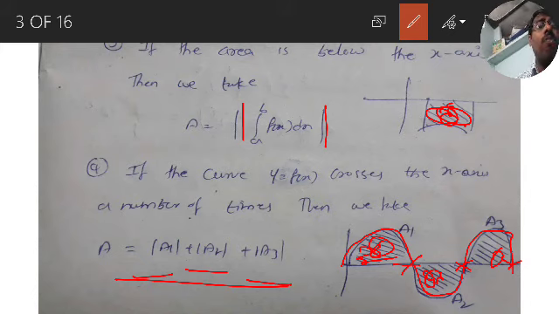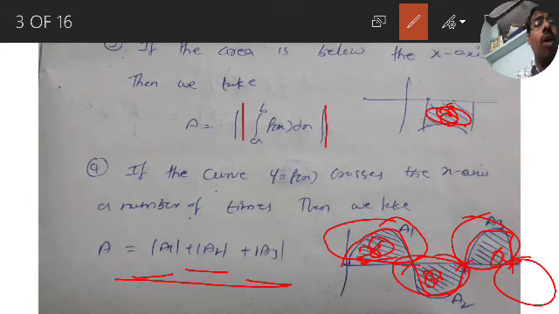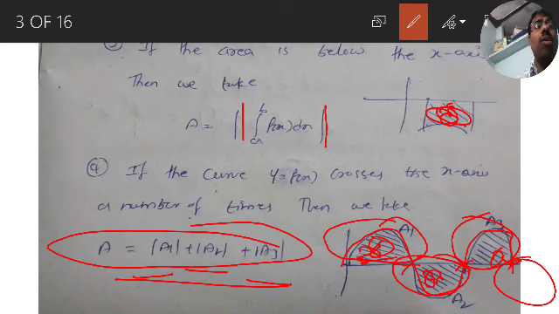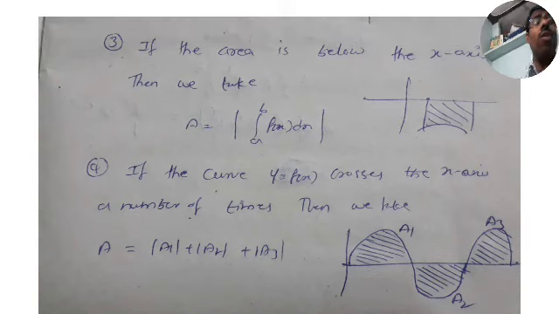So if a curve crosses the x-axis a number of times, you will get positive, negative, positive, negative, like that. So in order to calculate the total area, what do we take? We take the modulus for each region. Are you getting it, guys? These are the points that I want to give.